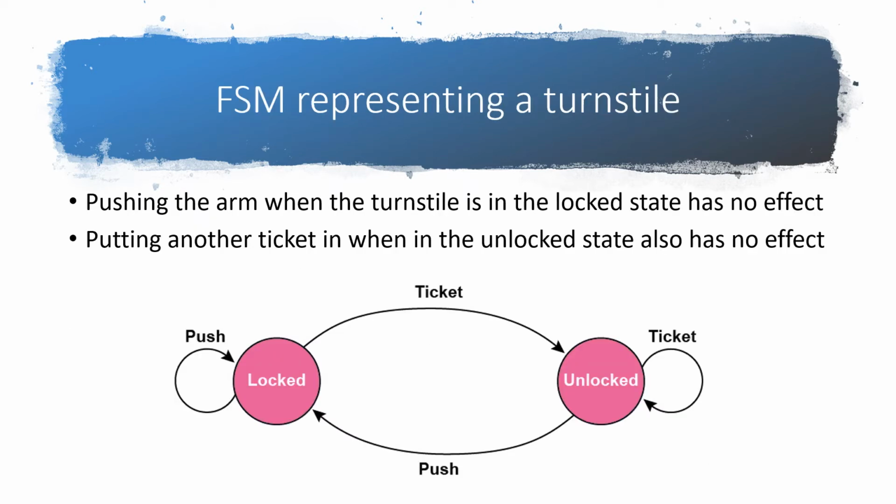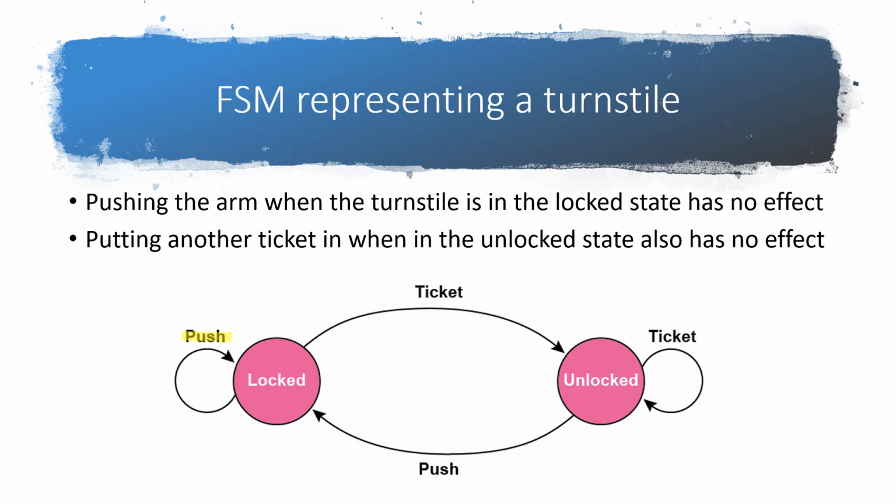So this is what we've got. We've got two states, locked and unlocked. If we are currently in the locked state and we keep pushing, we stay in the locked state. So what we've actually got is this bit here.